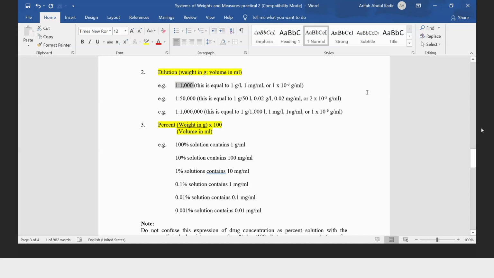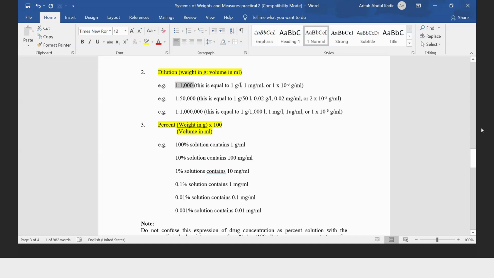You need to administer the drug to the animal, so you must understand. 1 to 1000 is equal to 1 gram to 1000 ml. Because I just mentioned it's in gram, 1 gram, so 1000 refers to ml, which is equivalent to 1 gram per liter.